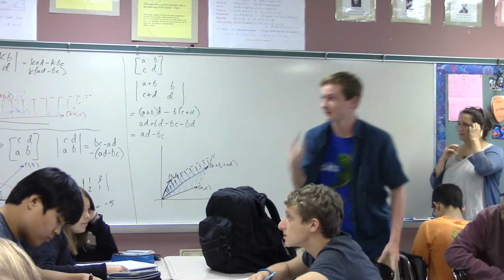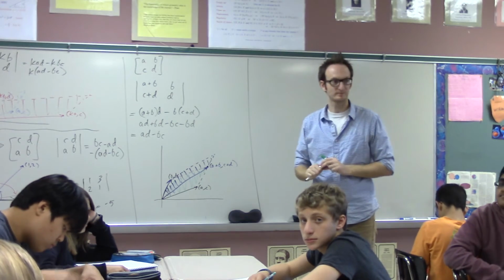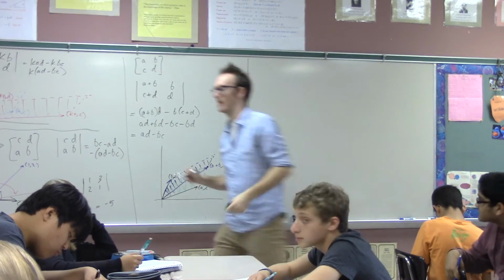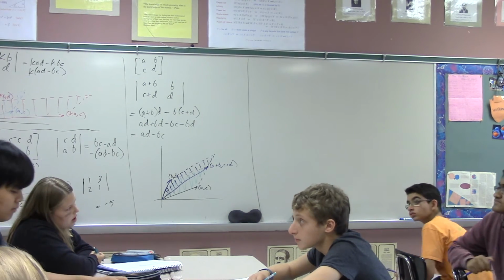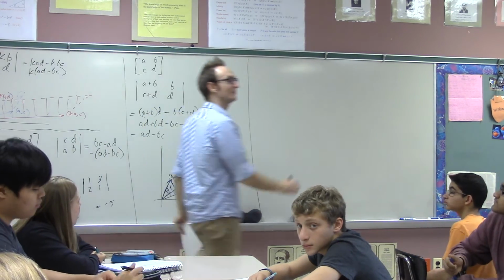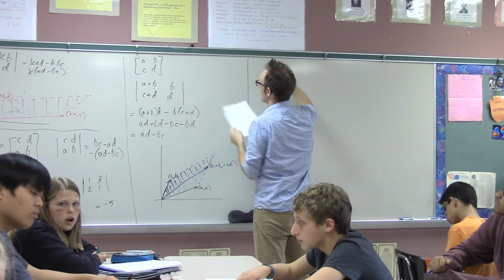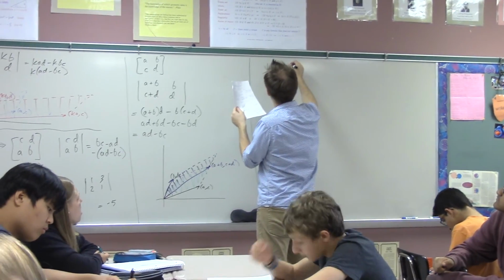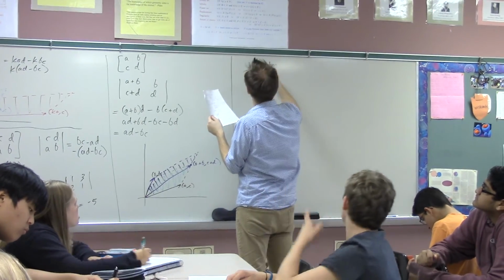Okay, here comes the hardest one. Instead of replacing a column with the sum of it and another column, let's replace a column with the sum of it and a multiple of another column. So what happens if I replace column 1 with column 1 plus m times column 2?